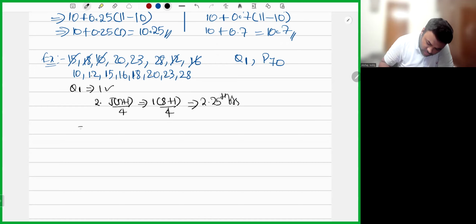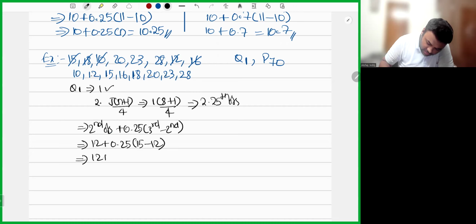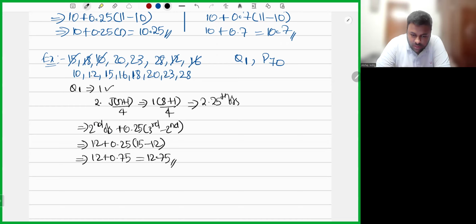No. Second observation plus 0.25 into third minus second. So 12 plus 0.25 into 15 minus 12. Because 15 minus 12 is 3, 3 into 0.25 is 0.75. So 12.75. Okay.